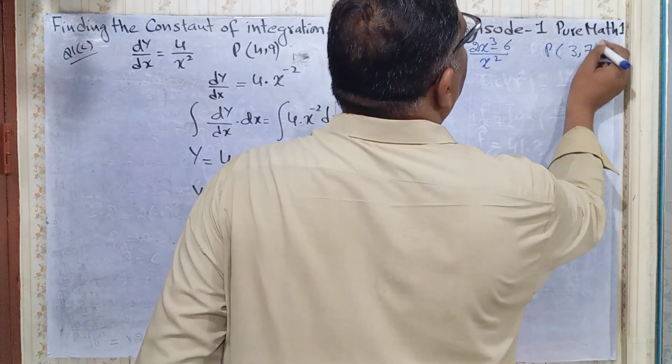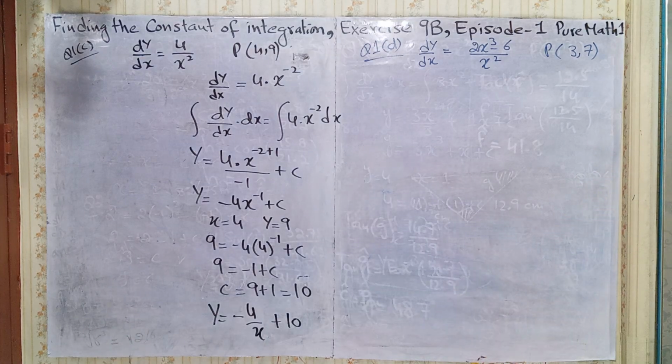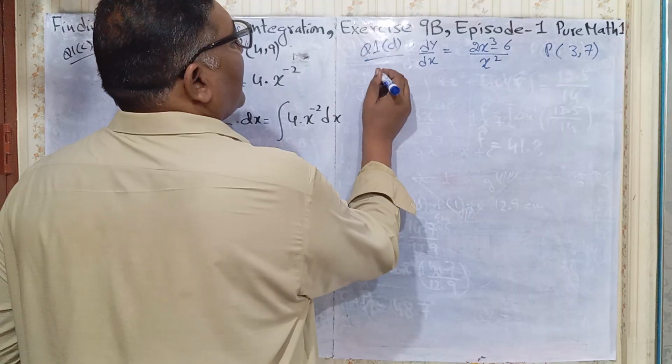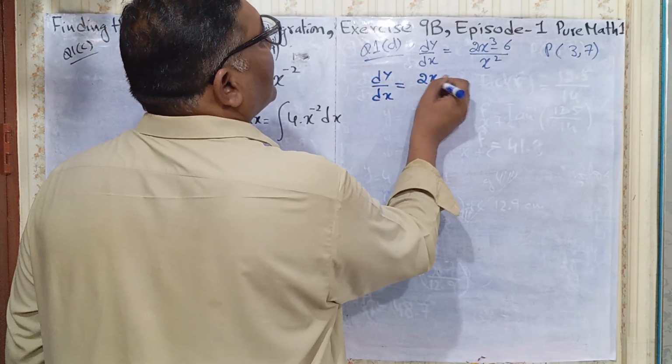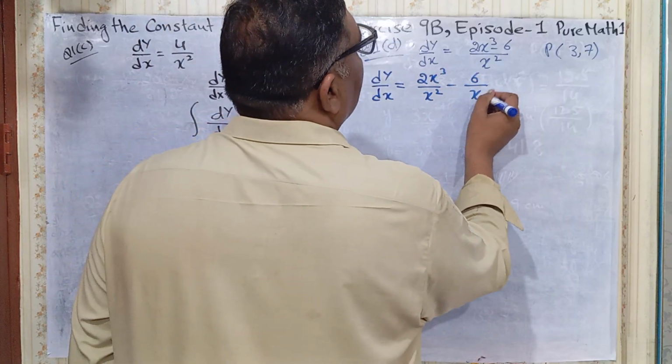Okay, 3 comma 7. Now first of all I will simplify this, and then we will see what we can do. I will write this denominator under both the terms. So my dy by dx will be equals to 2x cube divided by x square minus 6 divided by x square.